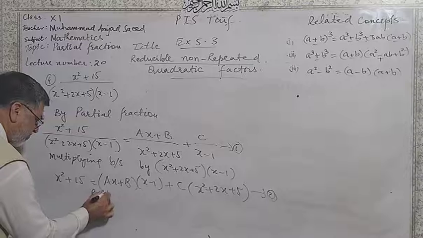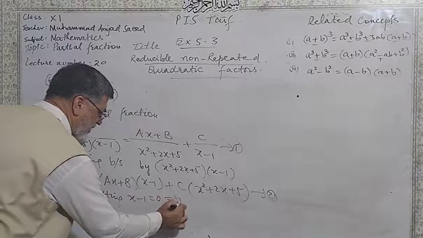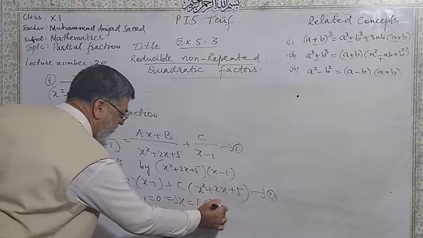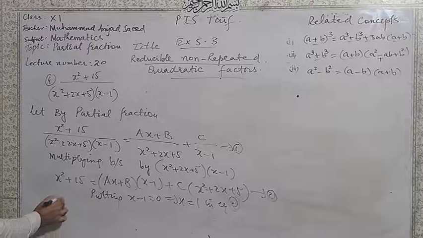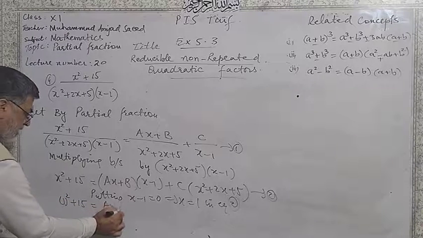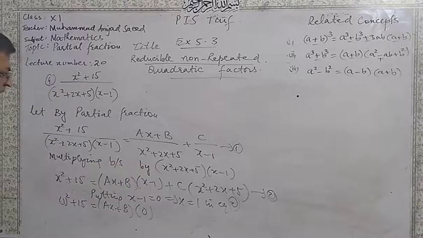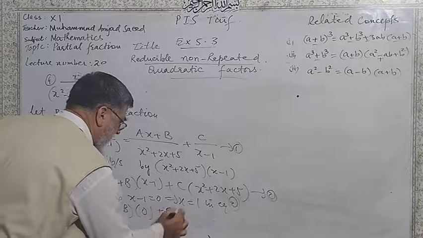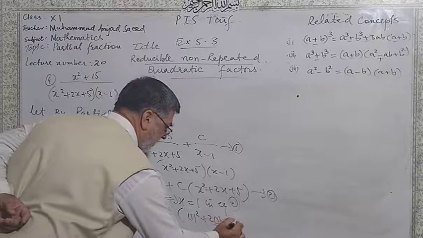Putting x minus 1 equal to 0 implies that x is equal to 1 in equation number 2. Here is 1 square plus 15, ax plus b into 0 because this is x minus 1, plus c into 1 square plus 2 into 1 plus 5.